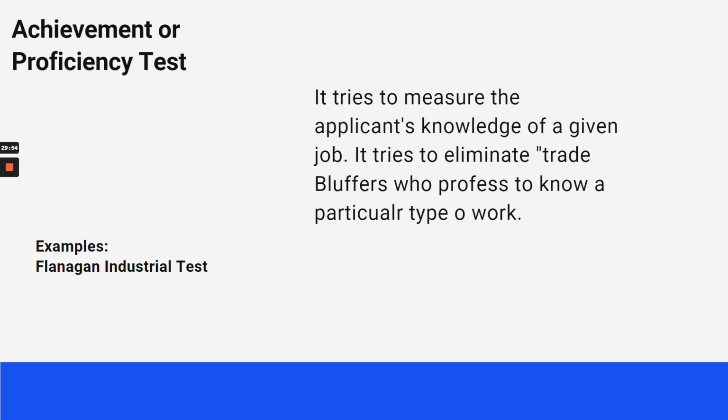Ang mga gitawag nga trade bluffers kana bitang oh kamao ko ana, pero dili siya kamao ana, magpa-impress lang para ma-hire. Nya pag abot, naka-hire na siya, di man ko kamao ani, magbagutbot kay gitagaan siya og trabaho nga di siya kamao. But in the interview, kamao daw siya, right? So mo na siya. This type of test will actually eliminate, dili siya 100%, but it can eliminate trade bluffers.